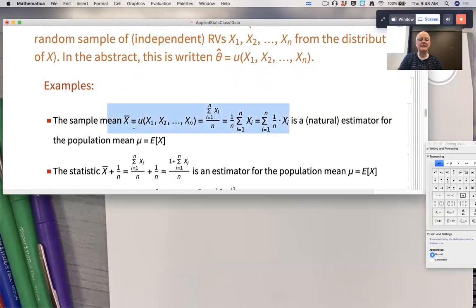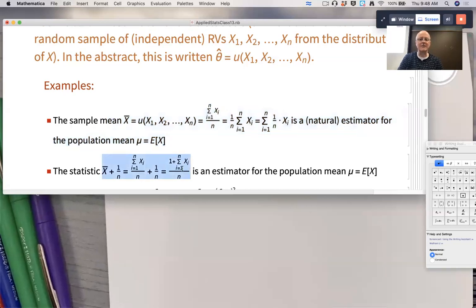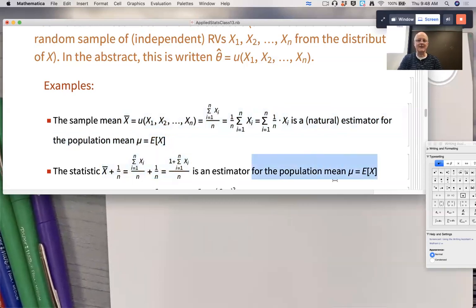So yeah, the sample mean is a natural or logical estimator for the population mean, as we've done many, many times. Here, I want to expand your mind. Here's a new statistic, a new estimator that could also be used to estimate the population mean. Take the sample mean for a fixed n and add 1 over n.